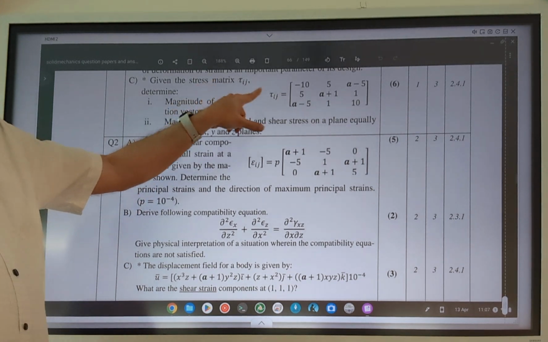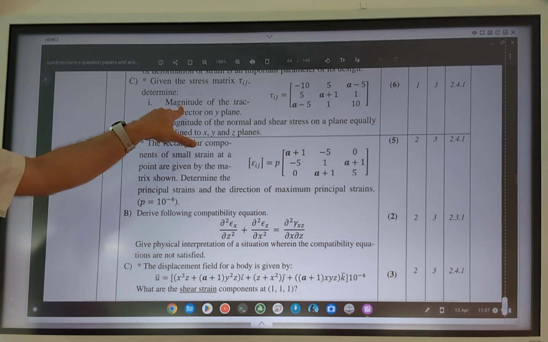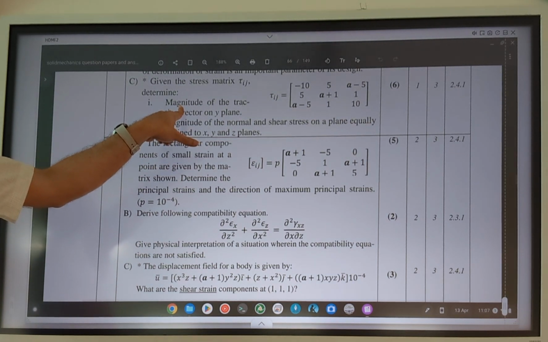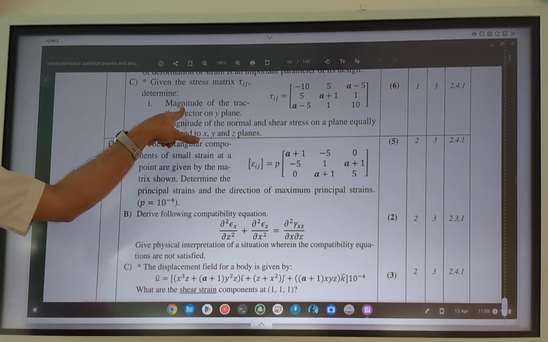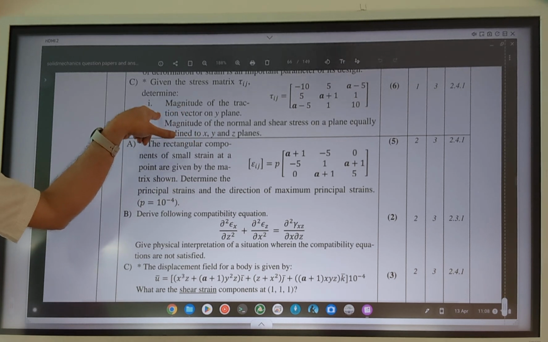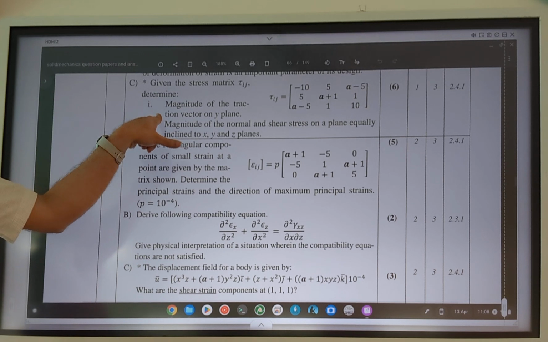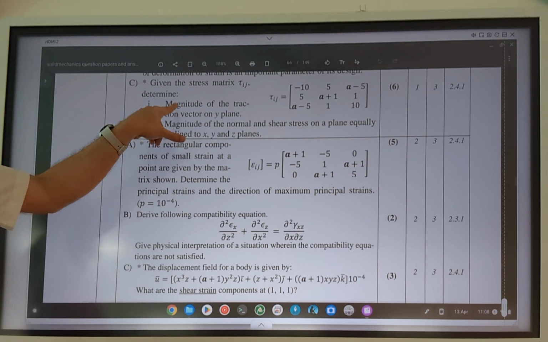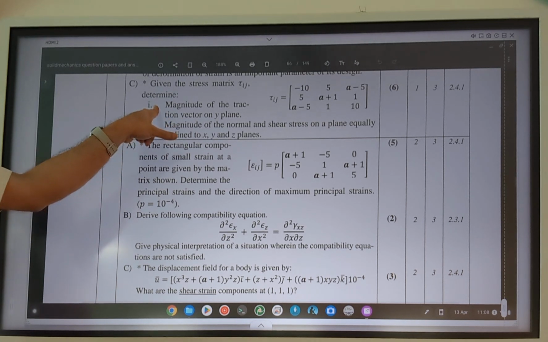Okay, so what has been given here? You have been given the stress state. You have to calculate the magnitude of the traction vector on the y plane. Can somebody tell me how you solve this problem, the first part? Assume that you are sitting in the exam hall and this question comes to you. How do you solve it? The magnitude of the traction vector on the y plane.